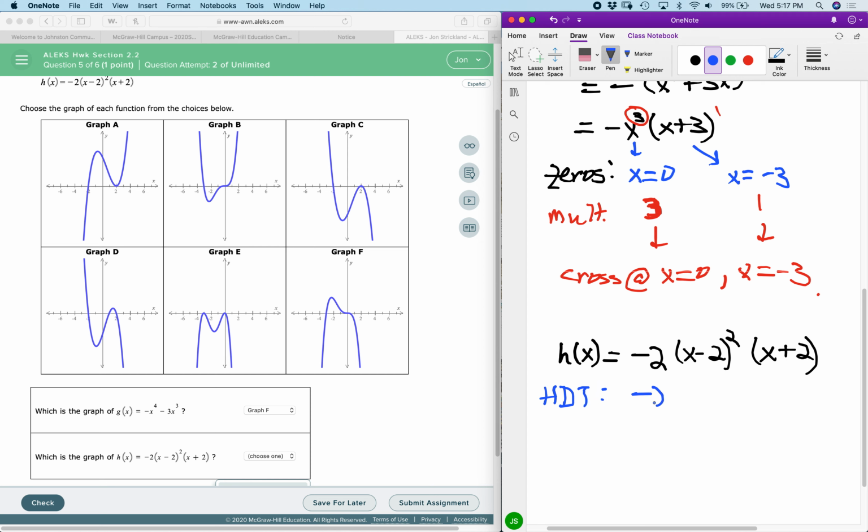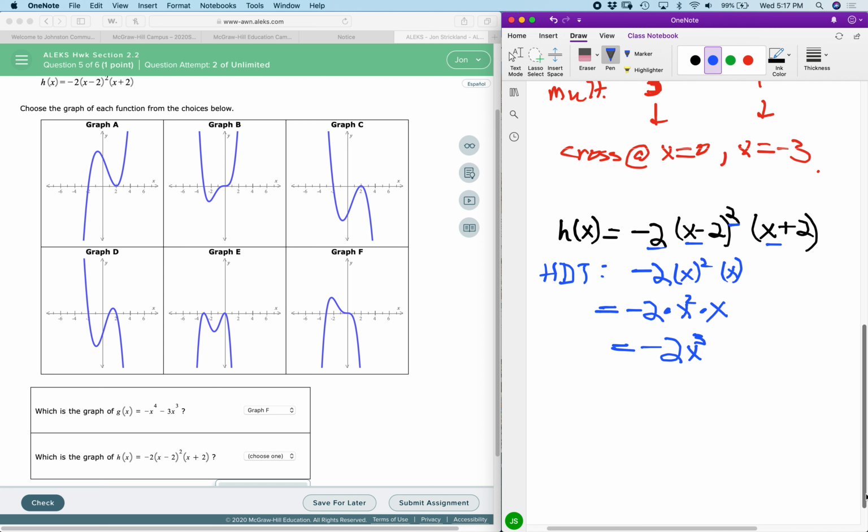With our factors, we have negative 2 at the front, then x squared from the first factor, and x from x plus 2. So the highest degree term is negative 2 times x squared times x. If you multiply out, we would have negative 2x cubed.